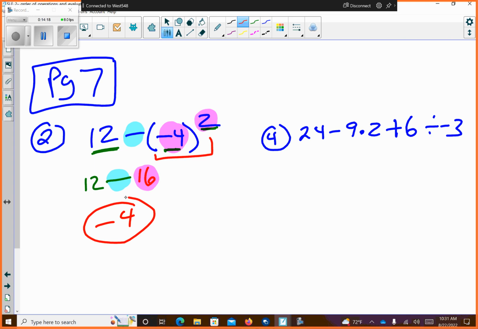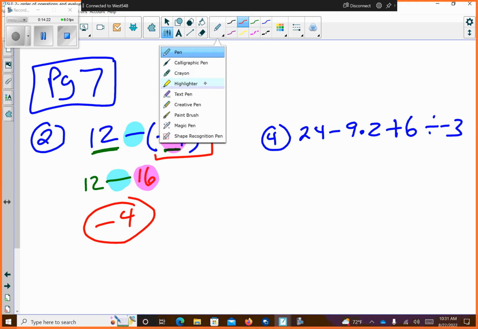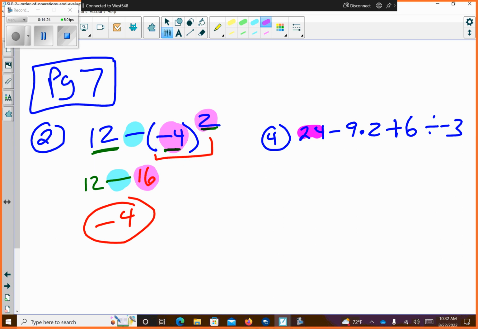All right, problem number 4. It's kind of an awful lot to it, so I'm going to highlight some stuff. So I have this as kind of itself. I have this. I have this that comes along in here. I have this that takes place. I mean, yikes, we got a real colorful looking problem there.